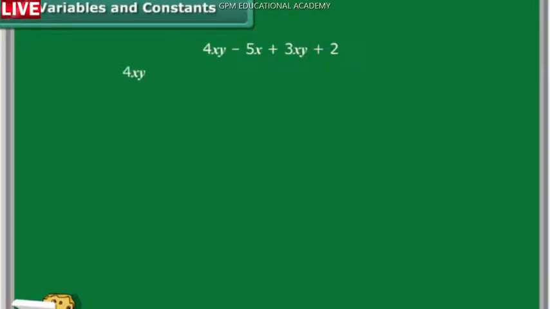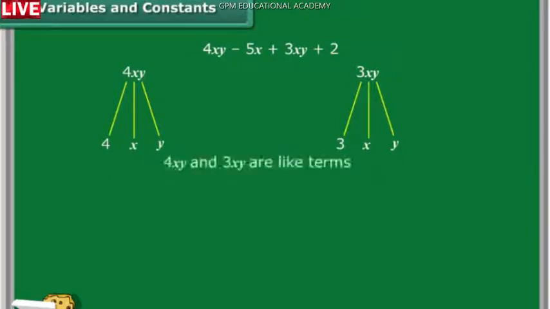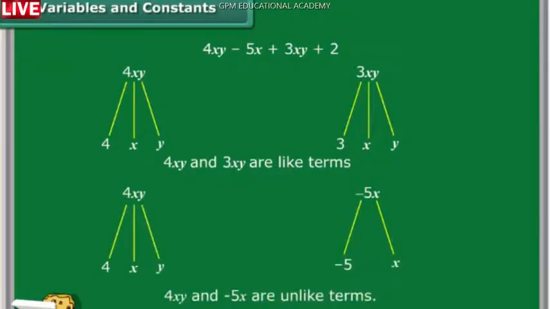The factors of 4xy are 4, x and y. Likewise, the factors of 3xy are 3, x and y. So both the terms have same algebraic factors, which means 4xy and 3xy are like terms. On the other hand, the terms 4xy and minus 5x have different algebraic factors. So, they are unlike terms.